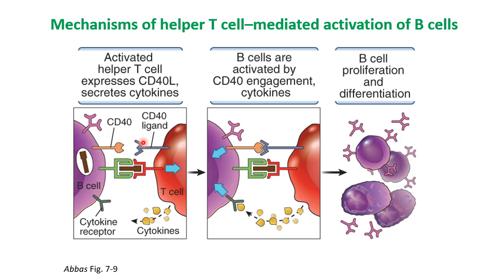So the T cells have a very important signal on their surface called CD40. This signal is a ligand of the receptor on the B cell, called the CD40 receptor. So the T cell has this very important job.